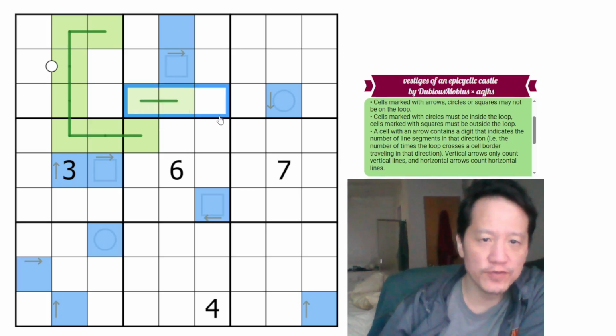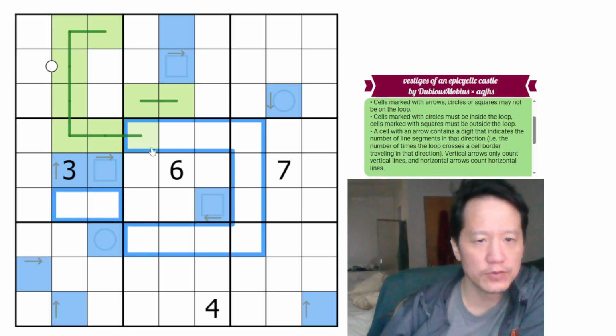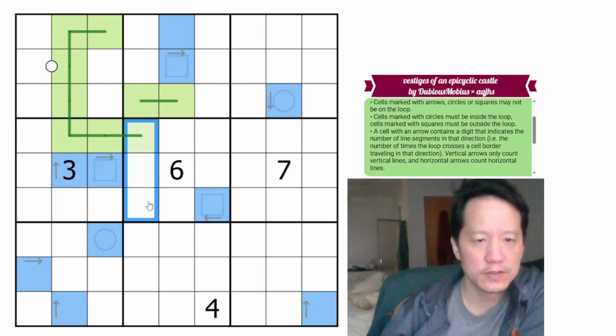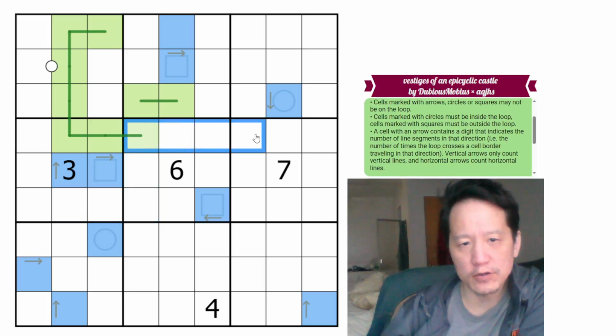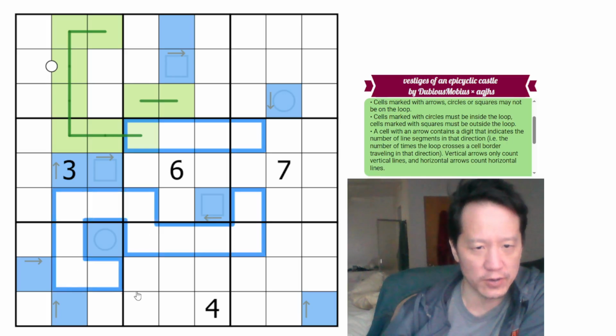So either both of these go this way, and then this would go around, or both of these go this way. So this one, okay, so it goes down here. It essentially does have to loop around here.